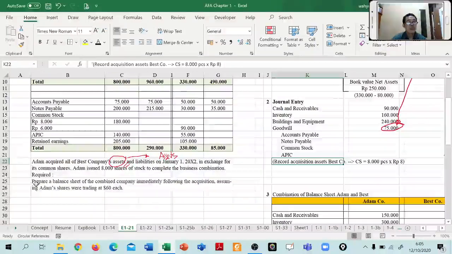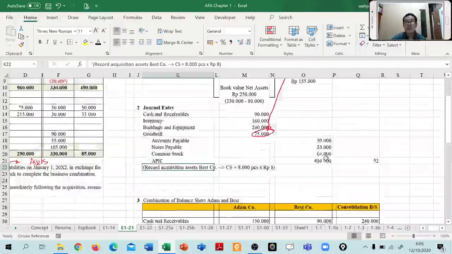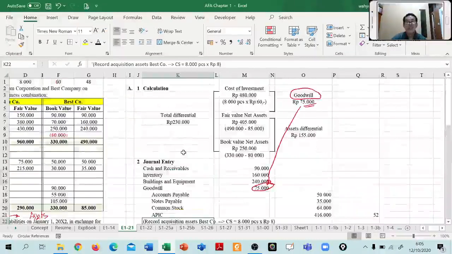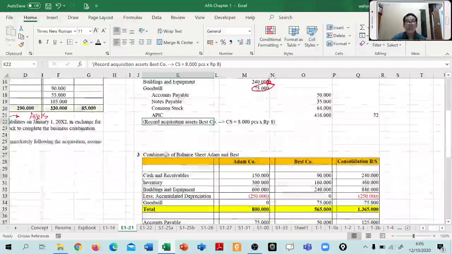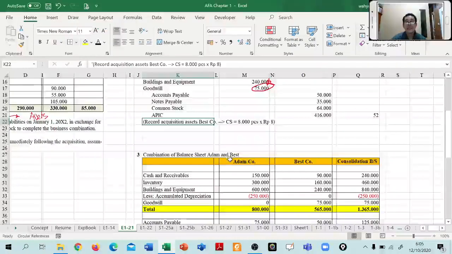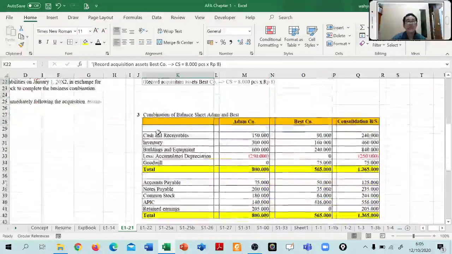this requires us to prepare a balance sheet of the combined company immediately. So based on the calculation and journal entry, we make a combination balance sheet of Adam and Best company. So we make a table.